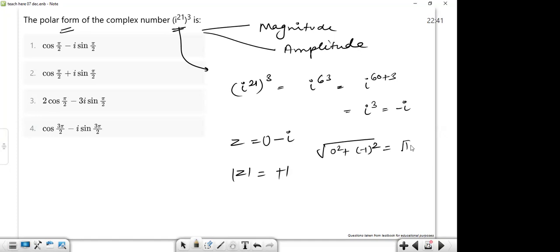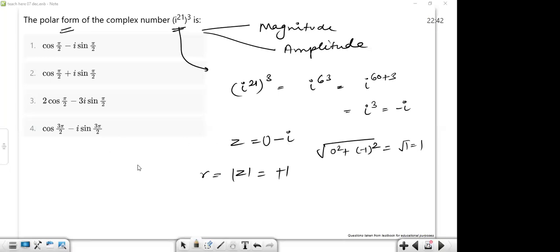Minus 1 whole squared is 1, so the square root of 1 is 1. The magnitude is always positive because it is a length. So we are done with finding r, the magnitude. Now let's find the amplitude. This is a purely imaginary number, basically minus iota.